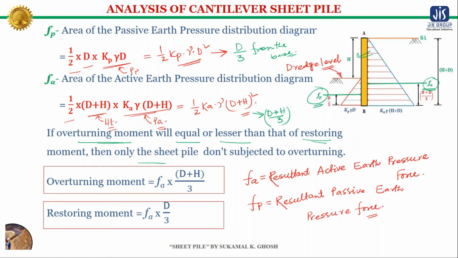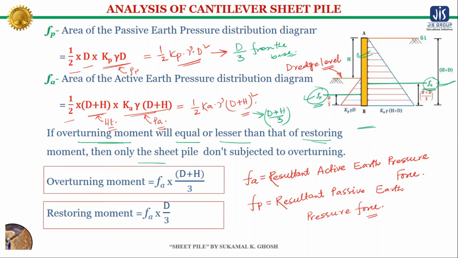Okay, and only if the overturning moment is less than or equal to the restoring moment, means the moment that is produced by this Fa is less than or equal to the moment that is produced by this Fp, then only this sheet pile will not be subjected to overturning.